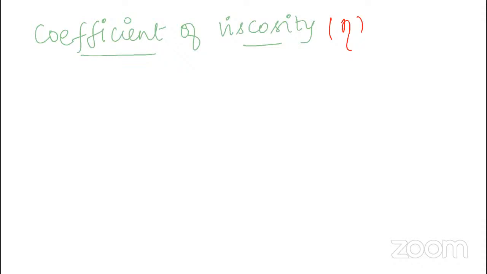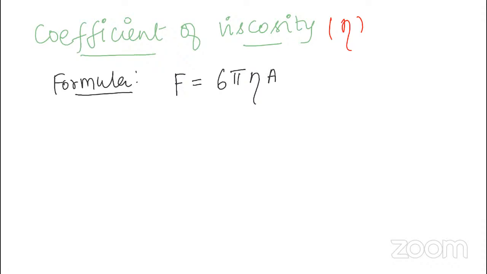So first write the formula for coefficient of viscosity. So this can be calculated by the formula F is equal to 6 pi eta A into dV by dx. Now we want to calculate the value for the coefficient of viscosity. So அதனால eta வோட values மட்டும் ஒரு side வச்சுட்டு remainings எல்லாம் other side you have to send.